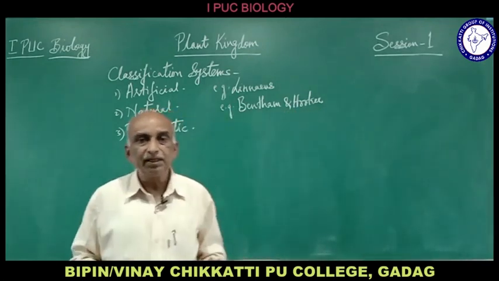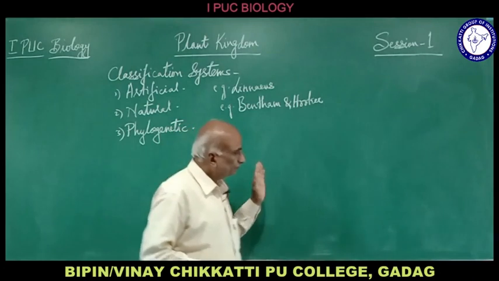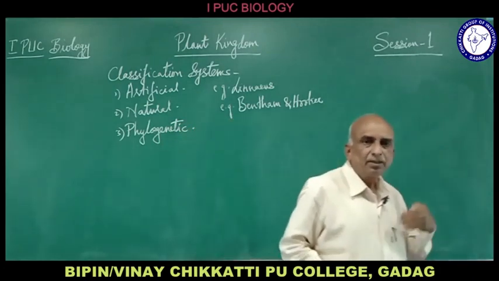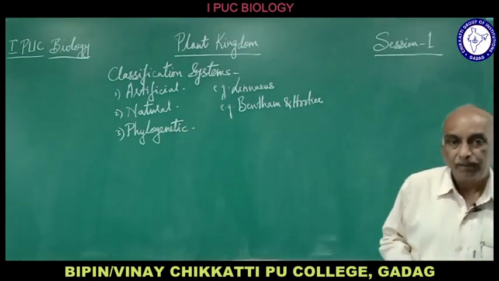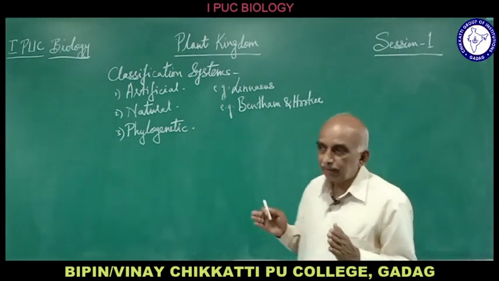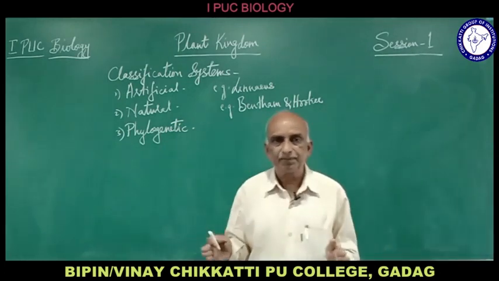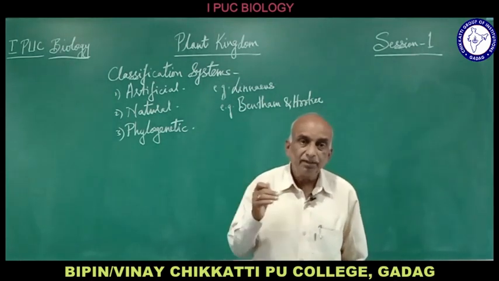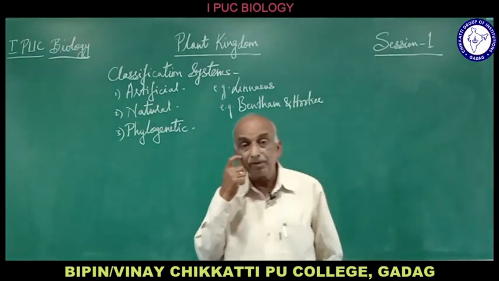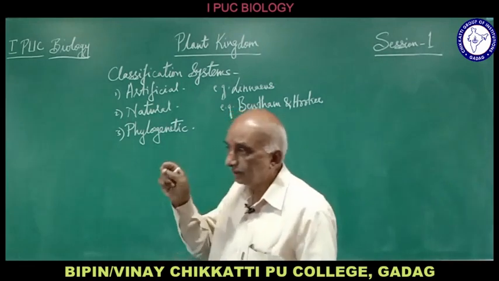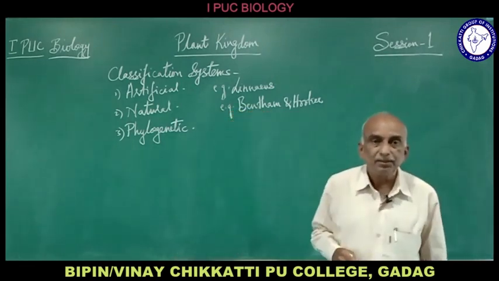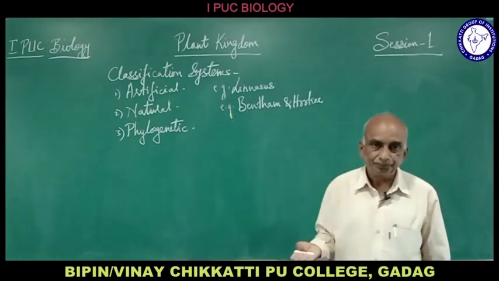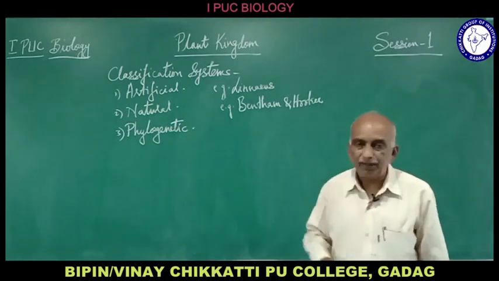Next, phylogenetic classification. Now, phylogenetic classification is somewhat highly advanced. It considers the evolutionary relationships of the organisms, as to in what line of evolution, in what way they have evolved.